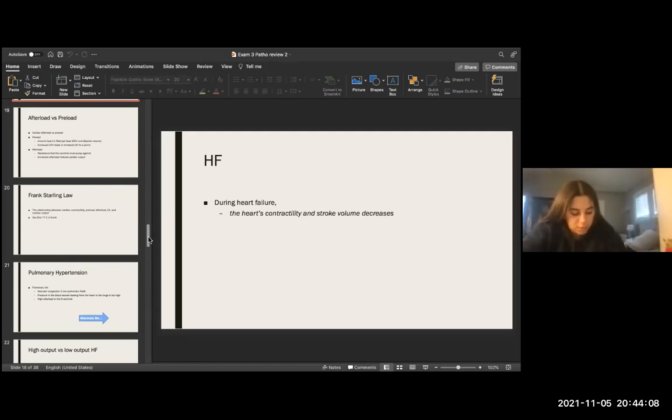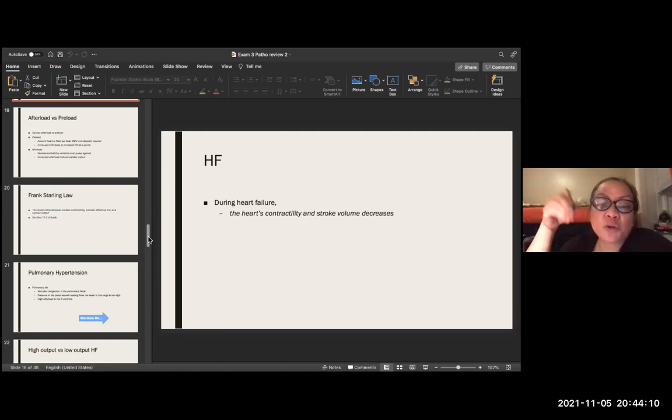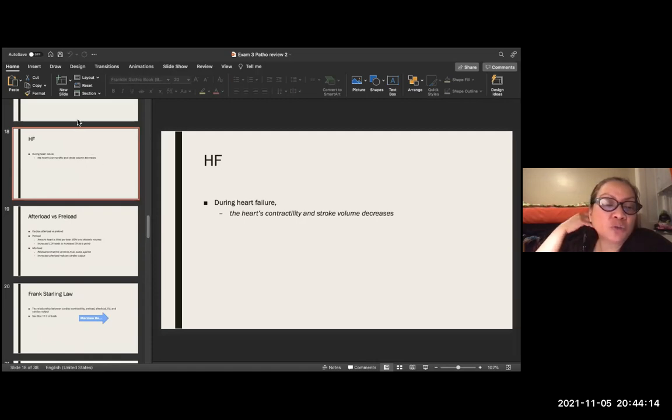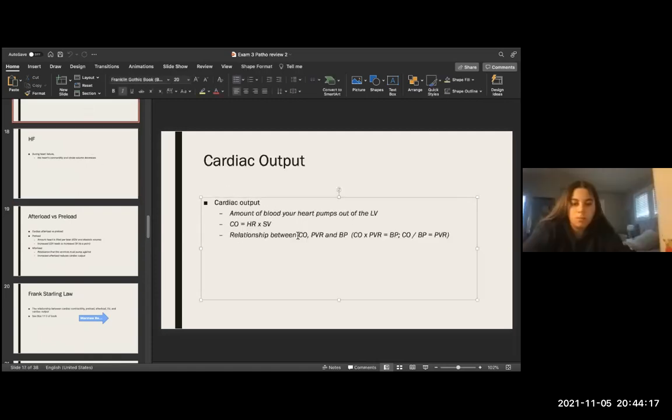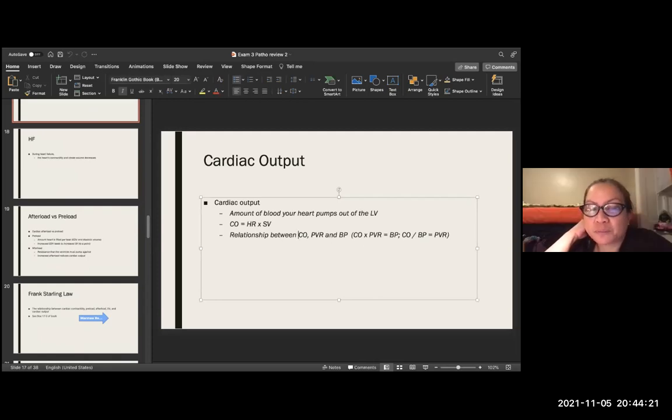What about stroke volume? Go back to your formula. What is the one related to stroke volume? Stroke volume, the heart rate, and the cardiac output. So if there is an increase in stroke volume, there is increased cardiac output. You throw more blood. Stroke volume, from the word volume, you have more volume or more liters, whatever amount.